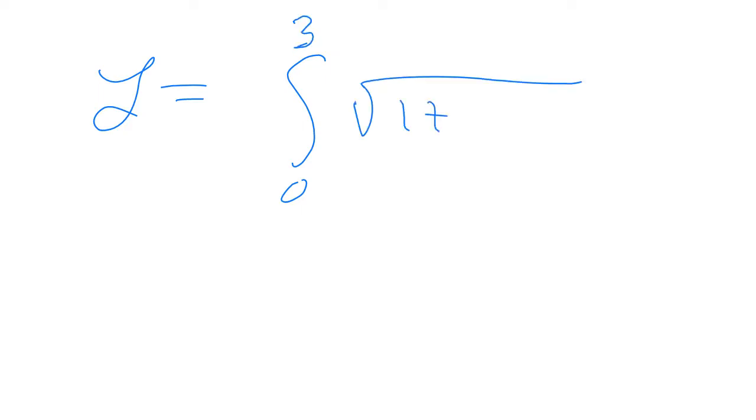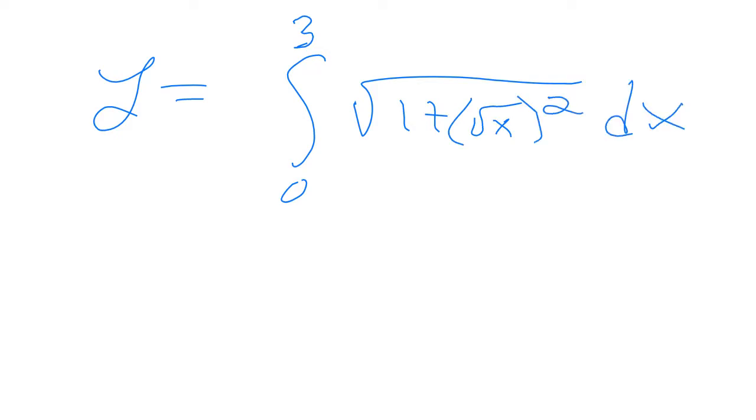the arc length. So the arc length is going to be the definite integral from what to what? For this one. Starting at the origin and going to x equals what? 3 of the square root of 1 plus f prime at x. What was f prime at x in this case? Square root of x, quantity squared, right?